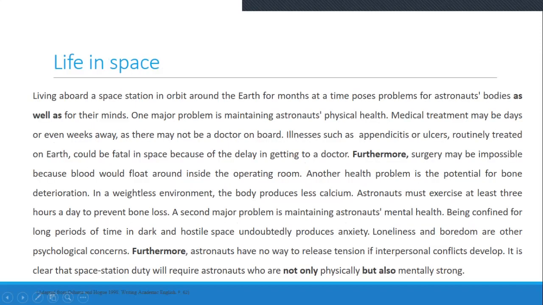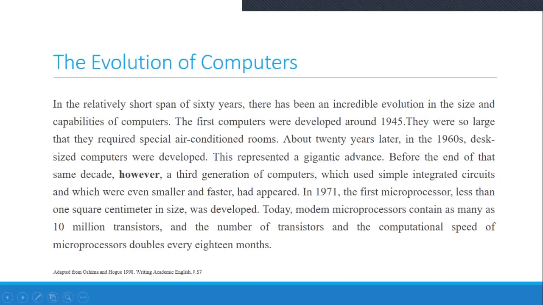Here also there's a linking word. However, do any of you know the meaning of this linking word, however? Or what comes after the word however? What do you normally expect?